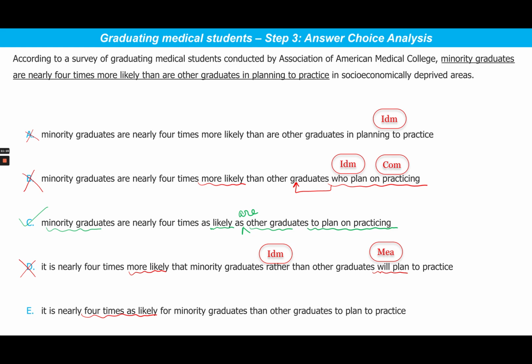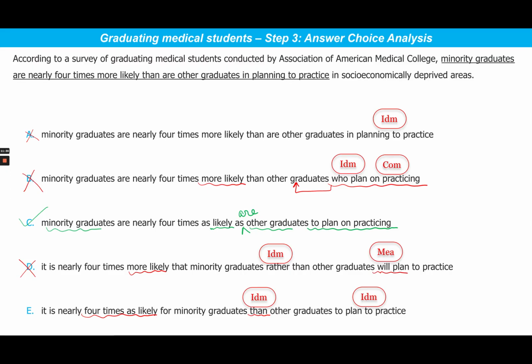But we have the word than here, which is used with more, not with as. So that's our first idiom error in this sentence. Another error pertains to the use of to practice. The correct idiom is to plan on practicing, not to plan to practice. That's an incorrect expression. Hence, choice E is out.